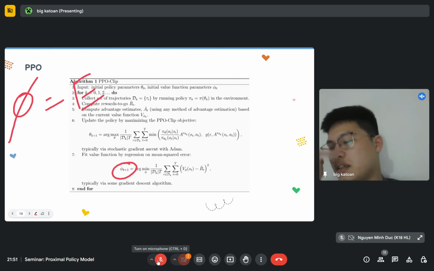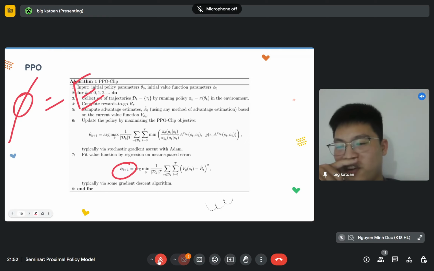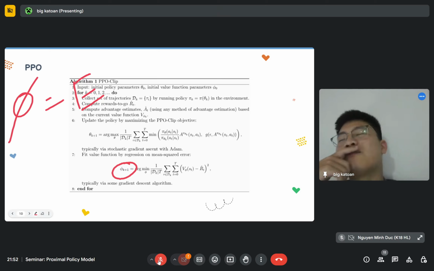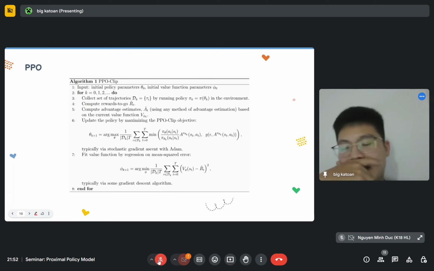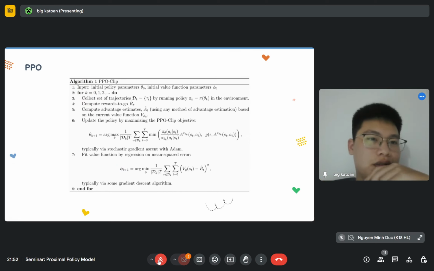This one is just the estimated model. And we compute this forever, until we feel comfortable that the problem can be solved. That's all. That's PPO. Any questions here?